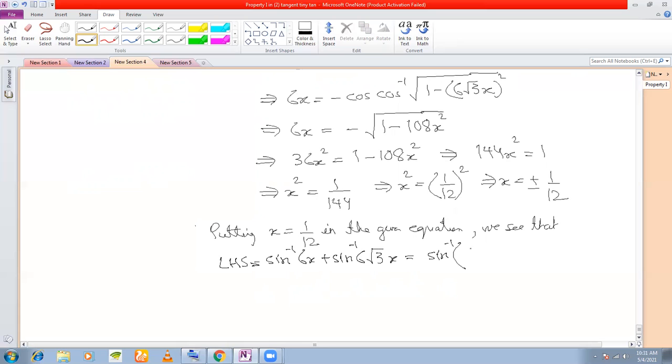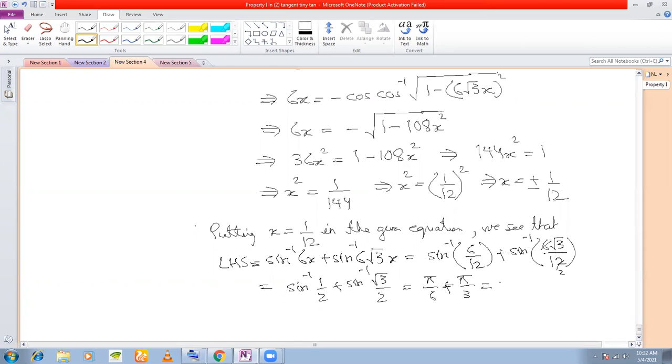You get sin inverse 6 by 12 plus sin inverse 6 root 3 by 12, which is equal to sin inverse half plus sin inverse, if you cancel this, root 3 by 2. And how much is sin inverse half? Sin inverse half you know is pi by 6, right? Sin inverse root 3 by 2 is pi by 3, right? If you add these two, do you get minus pi by 2? Which is not equal to minus pi by 2, right?